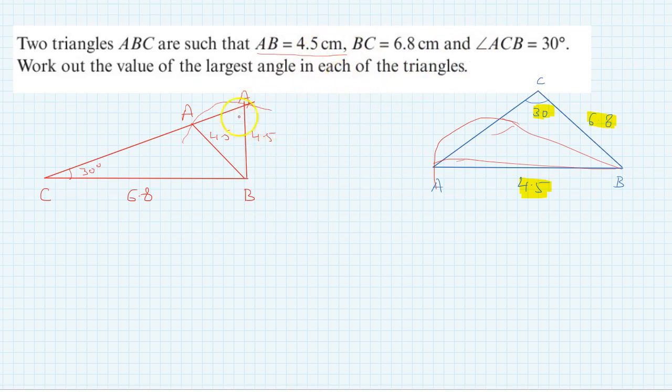So let's try to find out the value of angle A. Let's talk about this triangle. So we can have sine 30 over 4.5 is equal to, we don't know this angle, sine A over 6.8.